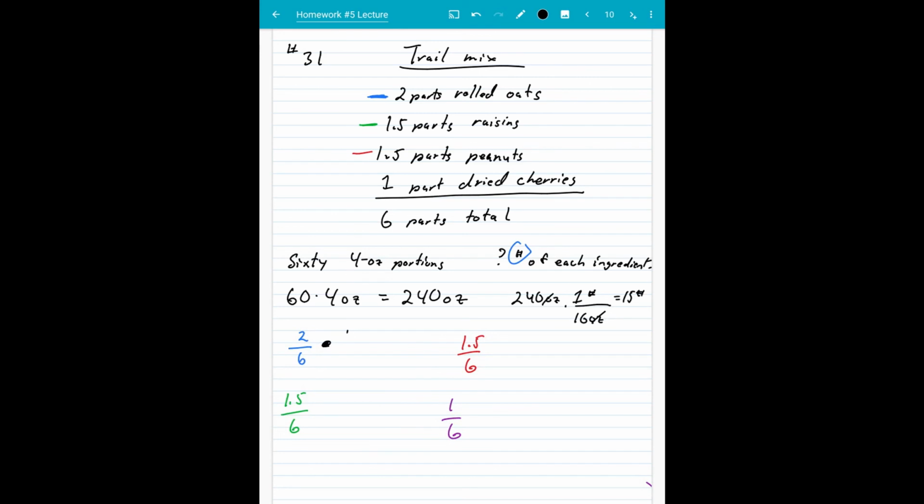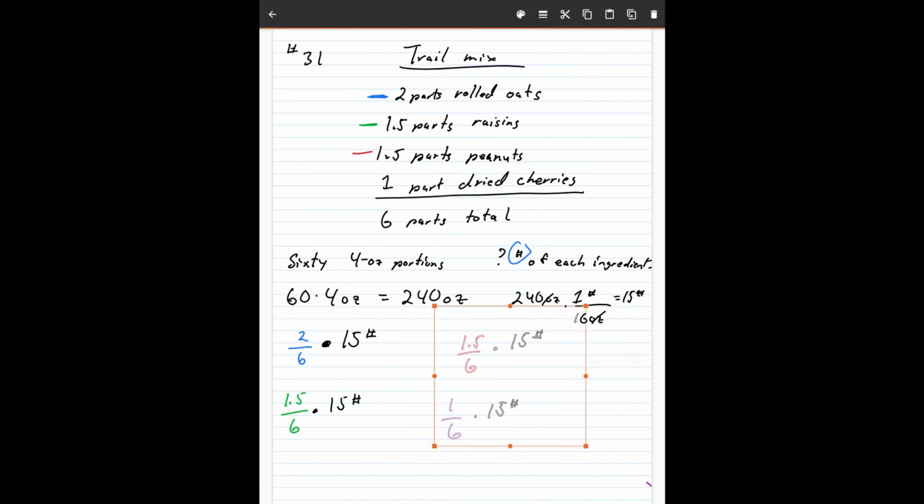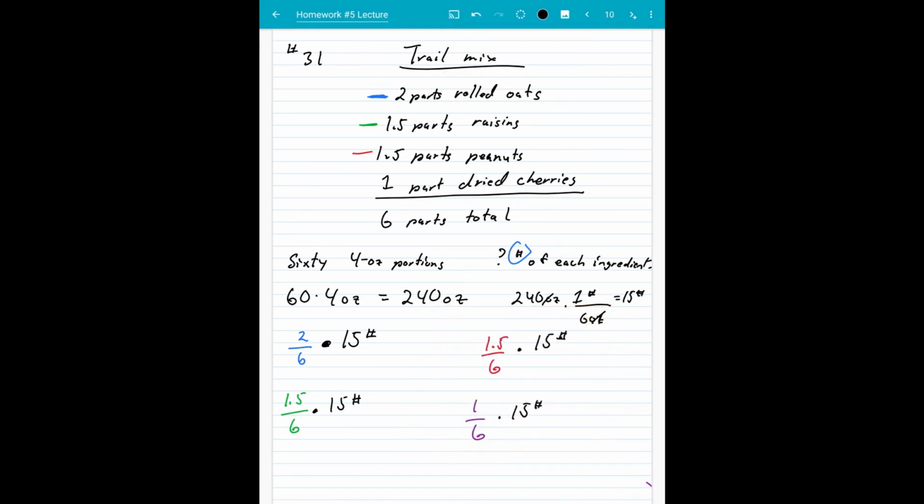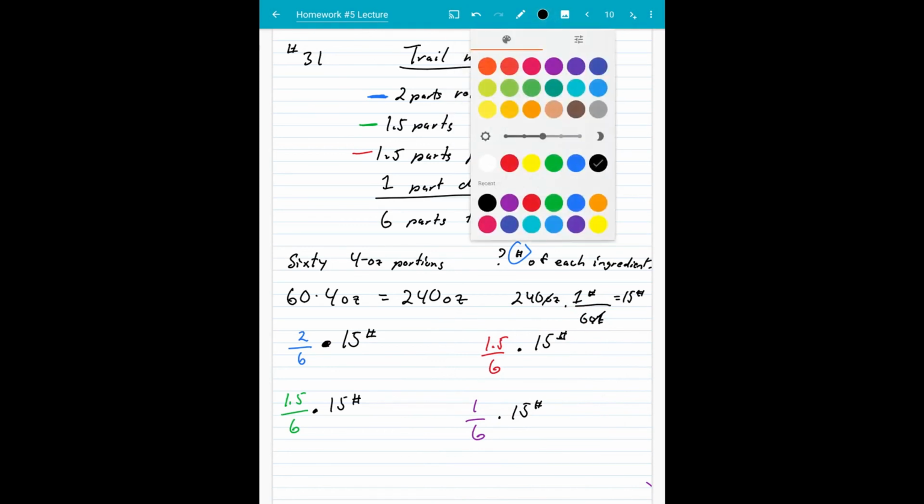The total is 15 pounds. This one is 1.5 over 6 of the total, and then finally, of the total. You can see that we multiply the total by the fractions to find out each individual answer.